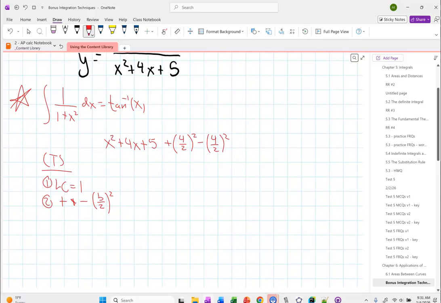Okay. And the last step would be to regroup and factor the perfect square. So this stuff that I've highlighted in yellow is the piece that's going to make our perfect square.